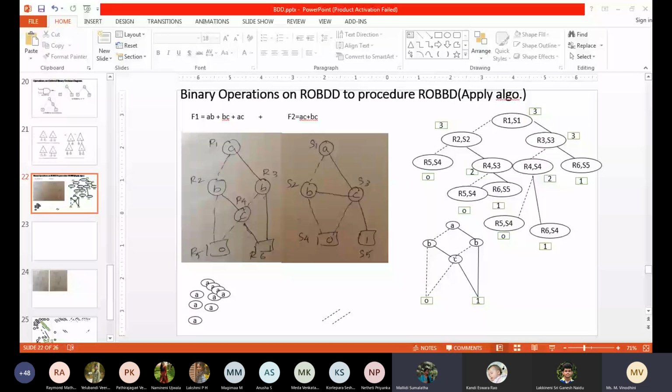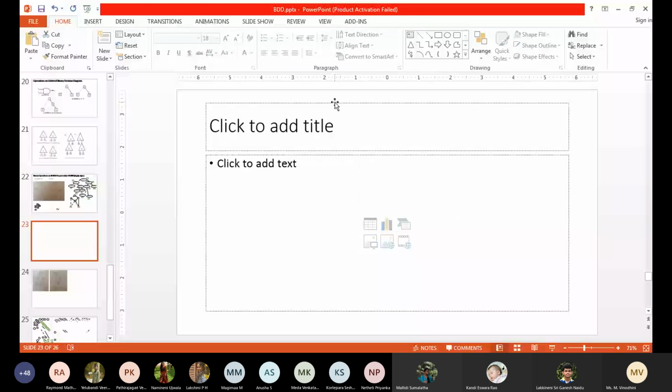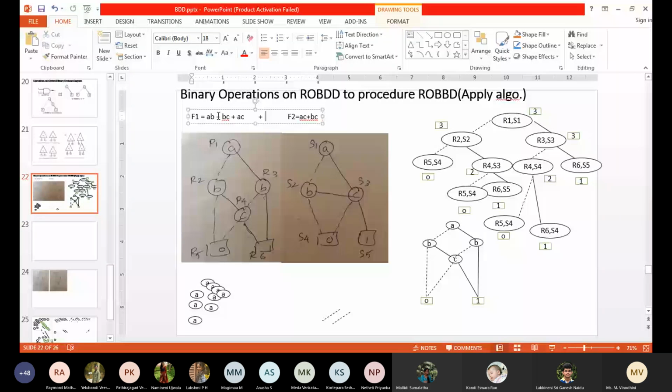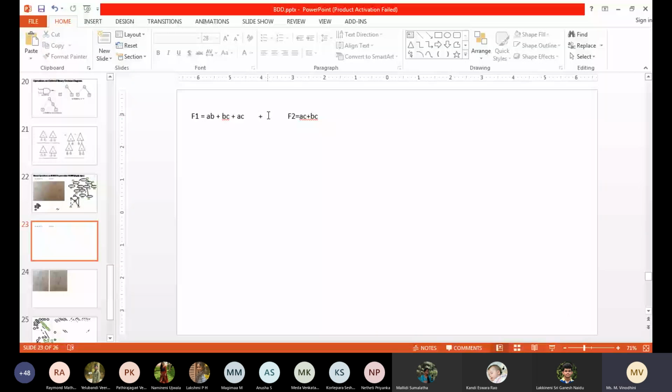Now can we proceed for F1 dot F2? So where will be the difference for F1 dot F2 if I give?